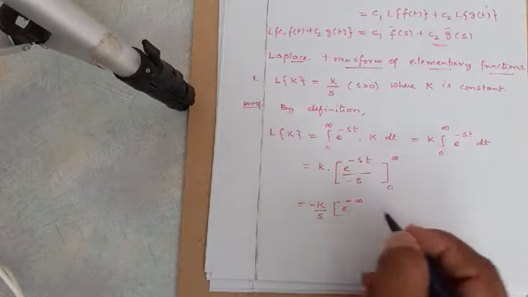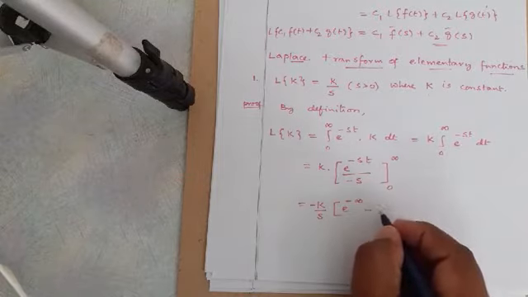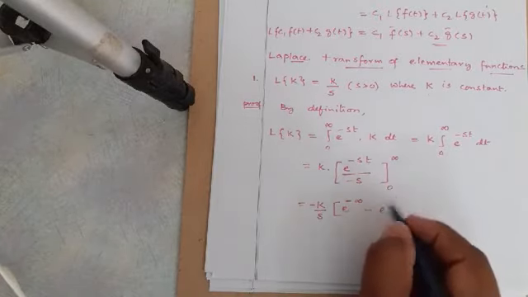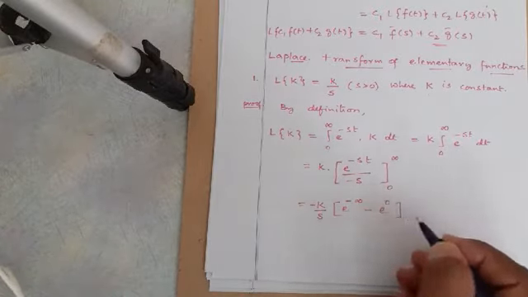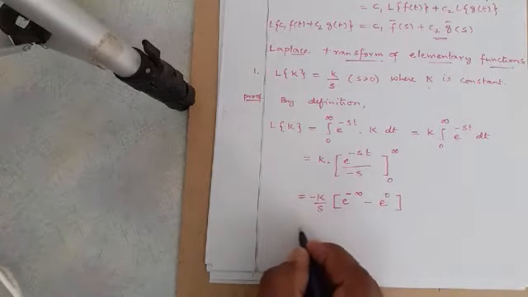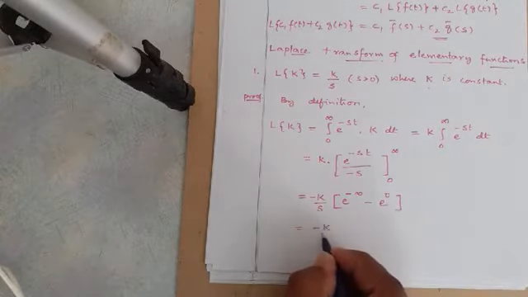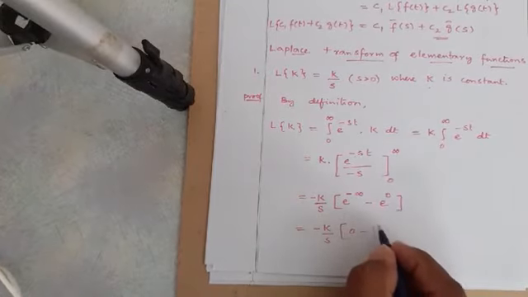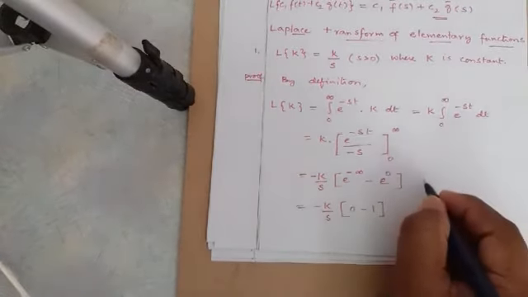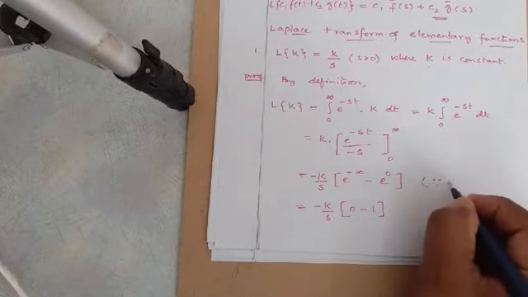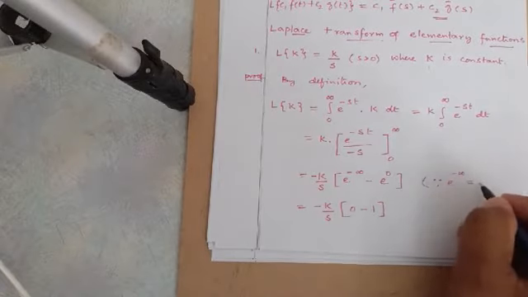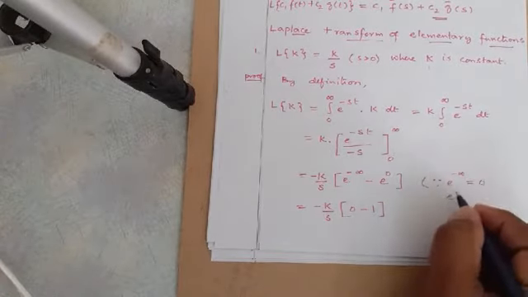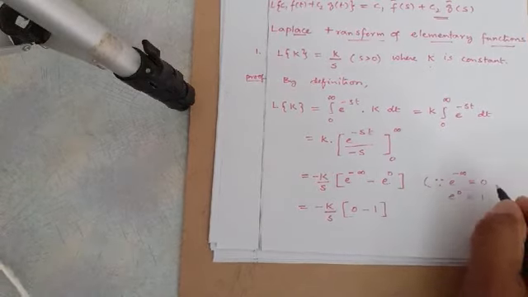So e power minus infinity minus e power 0. As you know, e power minus infinity equals 0, this becomes minus k by s in bracket 0 minus 1. Here I write, since e power minus infinity equals 0, e power 0 equals 1.